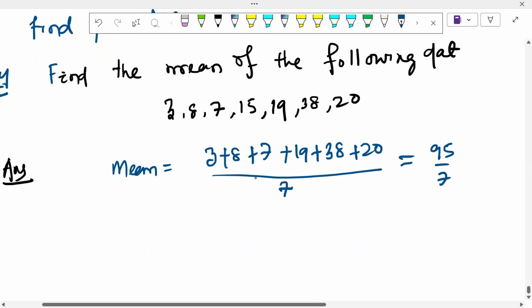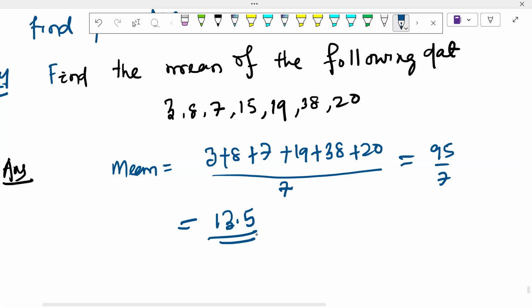What is the value? 95 divided by 7 is 13.5. This is the mean of the data: the mean of the data is 13.5.